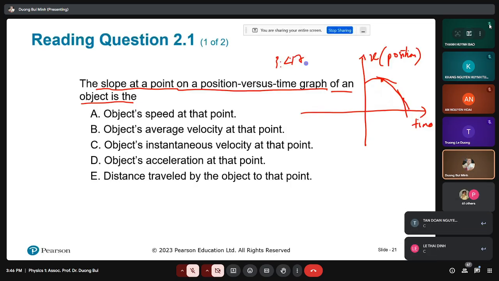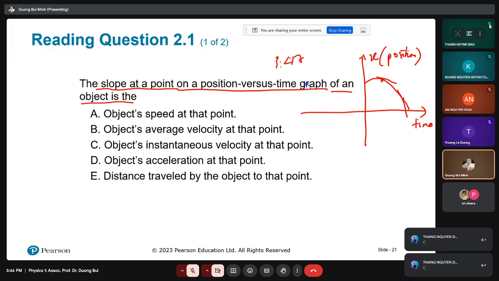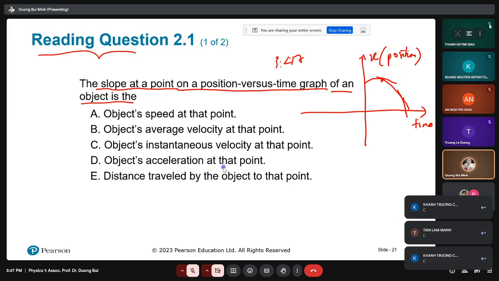You have 1 minute. Because this is a written question, you just think about the answers. Maybe tomorrow I will give you more theory, and then you can understand why. Just think about the answers based on your knowledge.